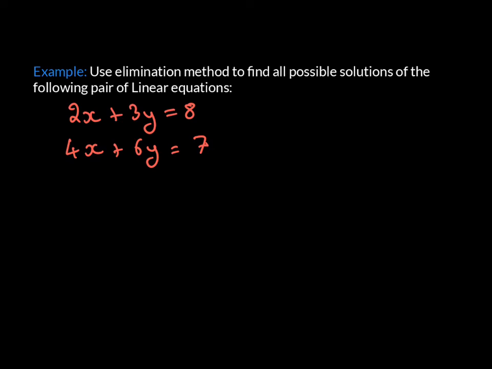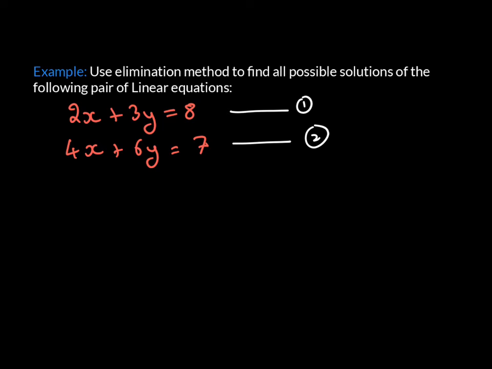Let's try this. Use the elimination method to find all possible solutions of the following pair of linear equations: 2x plus 3y equal to 8, 4x plus 6y equal to 7. Let us label the two equations as 1 and 2.